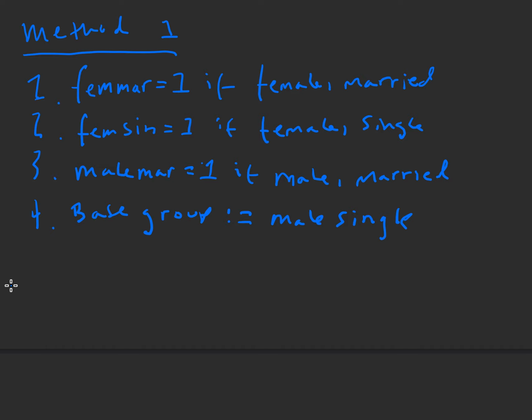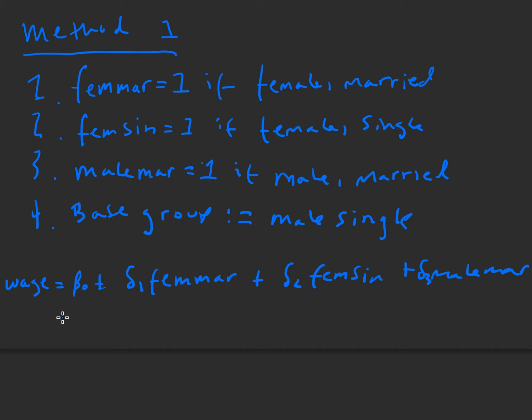Let's look at a hypothetical population regression function where wage is equal to beta naught plus delta 1 FEMMAR plus delta 2 FEMSIN plus delta 3 MALEMAR, and then we might bring in some variables that are not dummy variables, that are measured on a continuous spectrum, perhaps measured in a different kind of way.